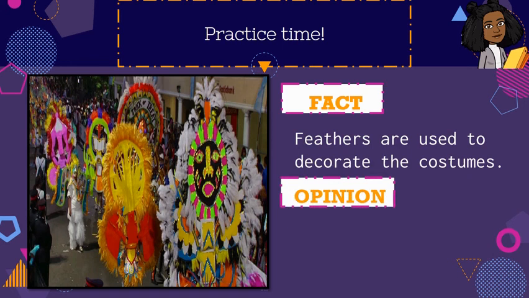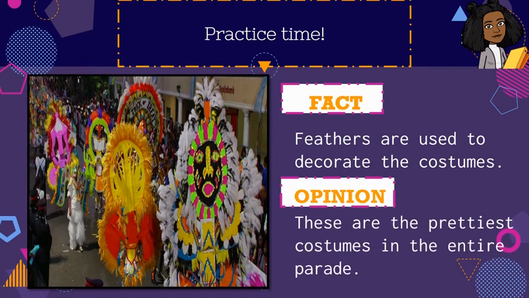Well then, if you said these are the prettiest costumes in the entire parade, oh my goodness, you are correct. That answer is right. Here we have prettiest ending in EST, which helps us to know that this statement is actually an opinion.